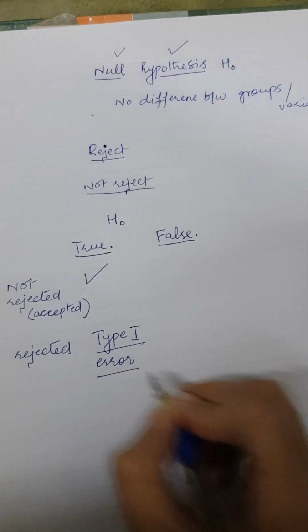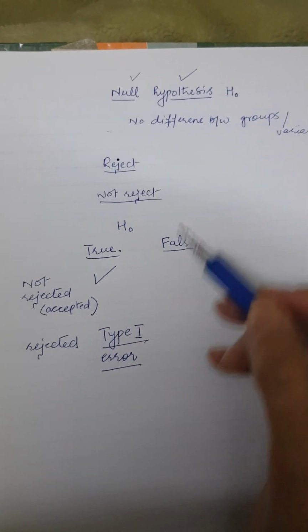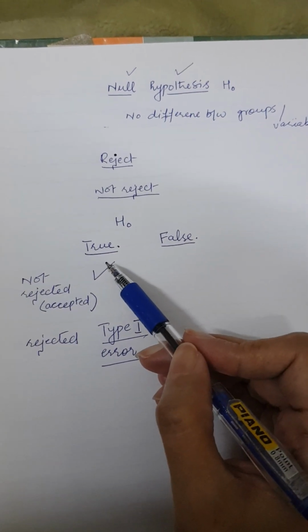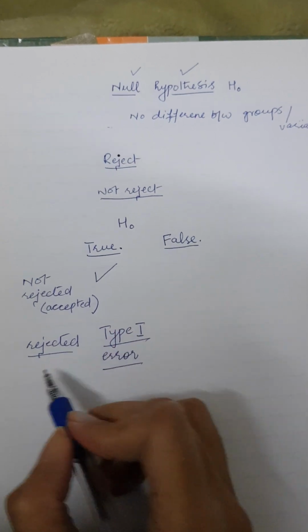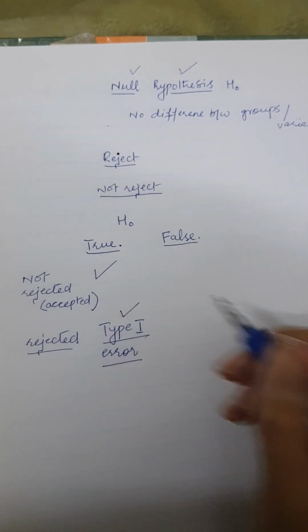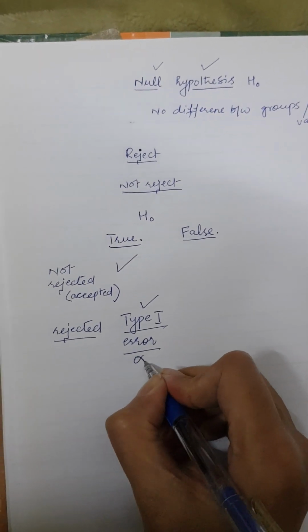So very simply, what is the meaning of type 1 error when we are talking about the null hypothesis? That the null hypothesis was true but it was rejected. This means it is type 1 error, and the probability of type 1 error is alpha.